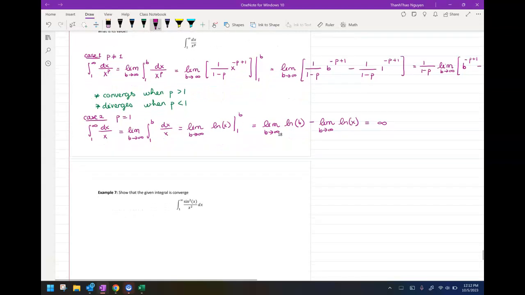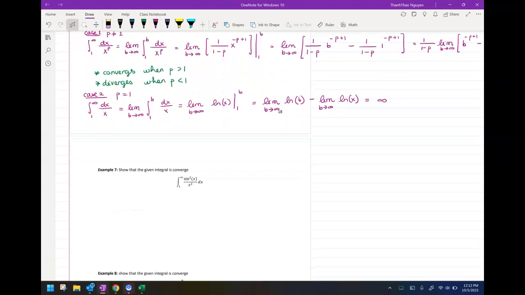Well, so here we will use the comparison theorem to show that the given integral converges. We are given f of x equals sine squared of x divided by x squared. In order to show that this converges, we have to show that this function is less than another function that converges.